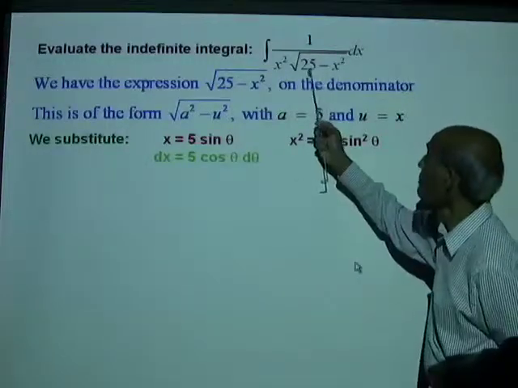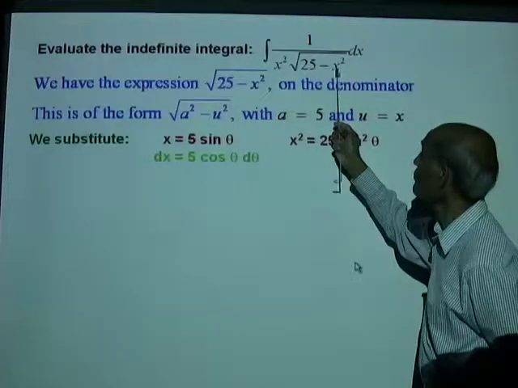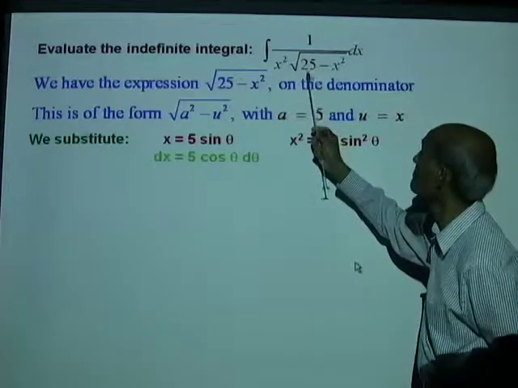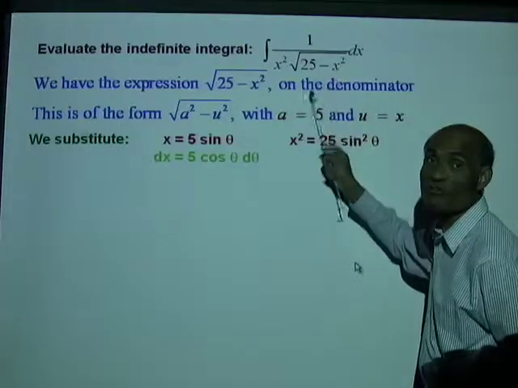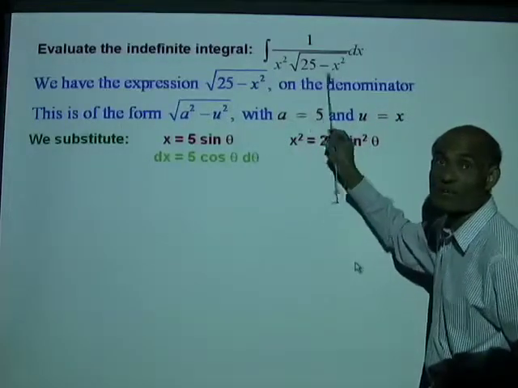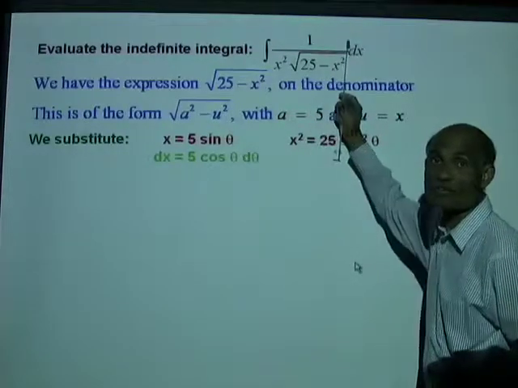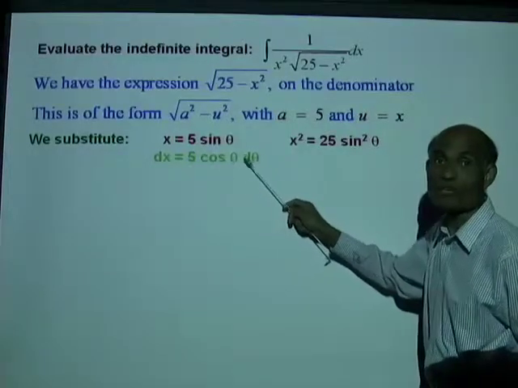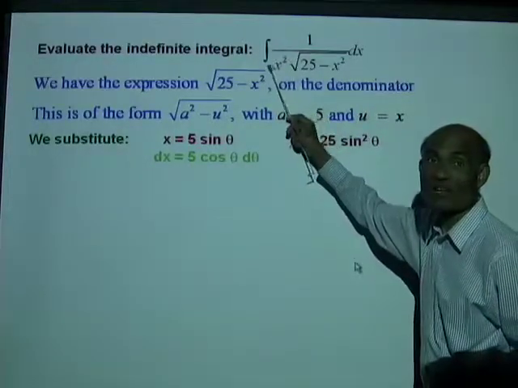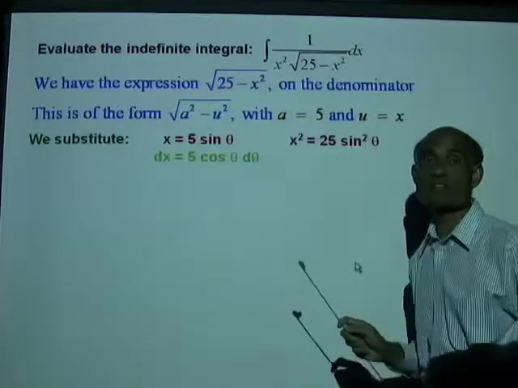So when x is replaced by 5 sine theta, dx is replaced by 5 cos theta d theta, and x squared is replaced by 25 sine squared theta.